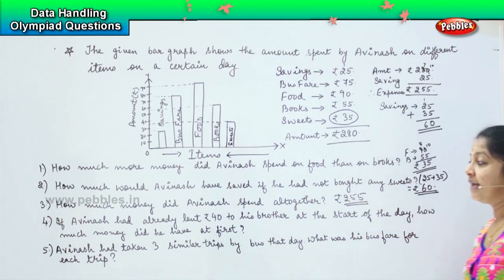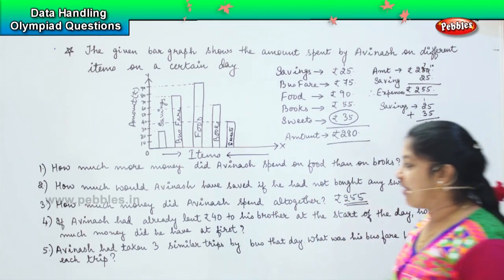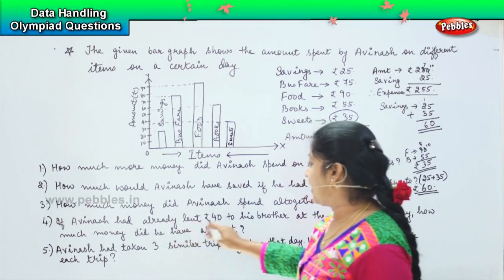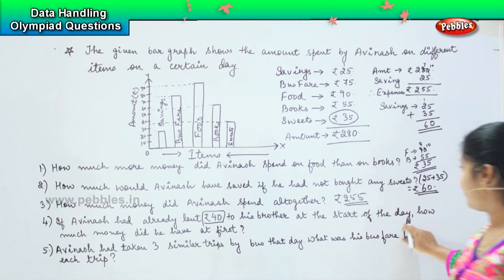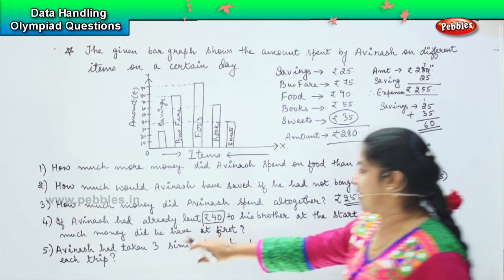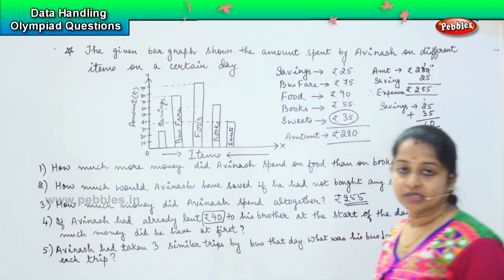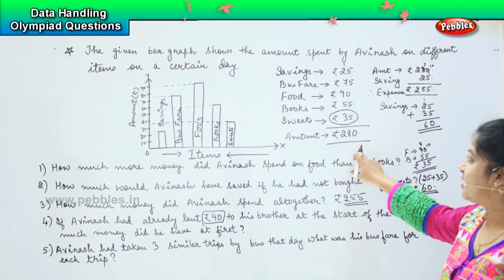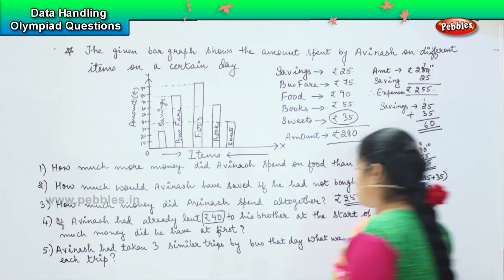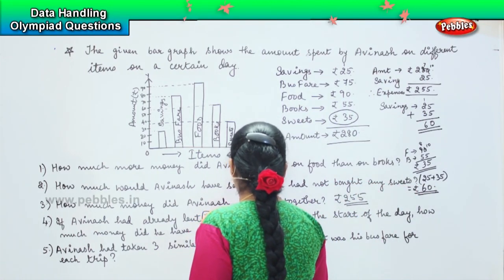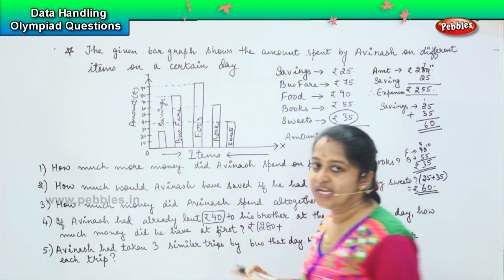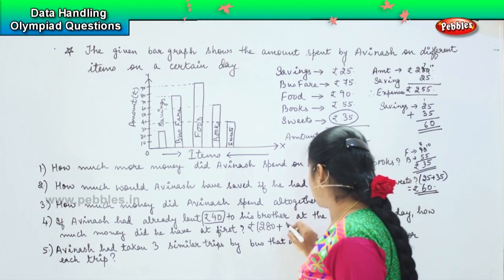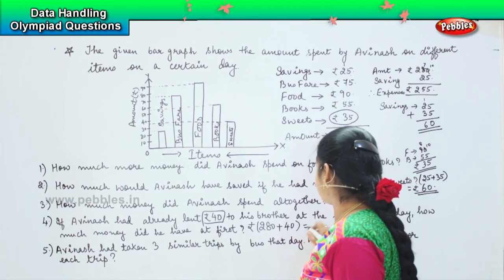Okay. The next question is, if Avinash had already lent 40 rupees to his brother at the start of the day, how much money did he have at first? So this is the amount which he had earlier, right? So we need to add and see. He had 280 rupees, and he had already lent 40 rupees to his brother.